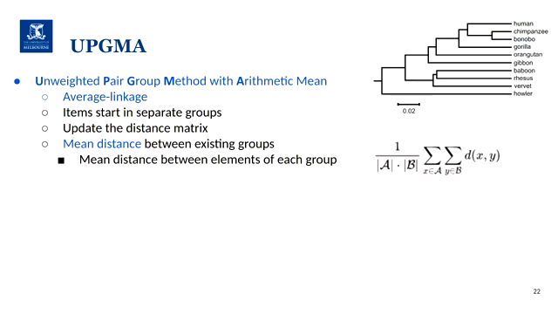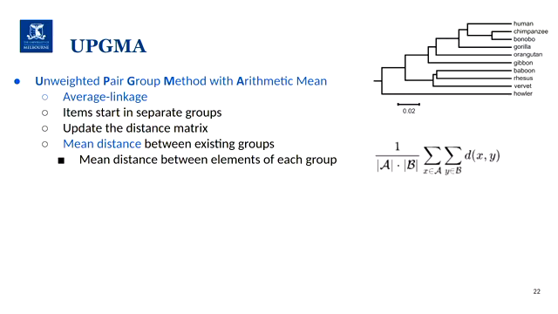Okay, let's try to interpret this. Let's say we have a group A and a group B, and this represents the number of elements in A, the number of elements in B, and I'm basically summing up the distances of all pairs between A and B. So X belonging to A and Y belonging to B, we calculate the distance between them and sum it all up, and I'm considering an average.